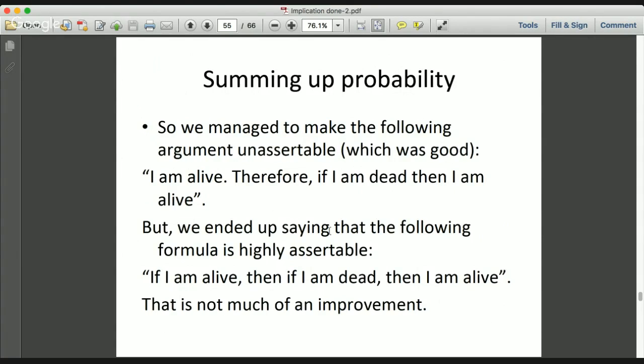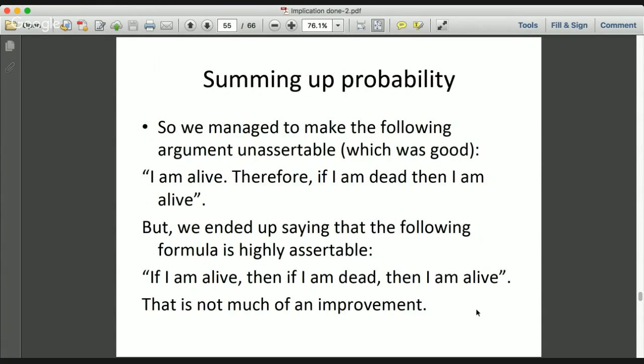But then the same considerations about probability end up saying that if I'm alive, then if I'm dead, then I'm alive, is assertable, highly assertable, because it's got a probability of 1. So this diagnosis is not necessarily much of an improvement. It's a gate that's supposed to filter out all of the paradoxical things, and it lets through some really shockingly paradoxical things like this, so it's not a very good gate.